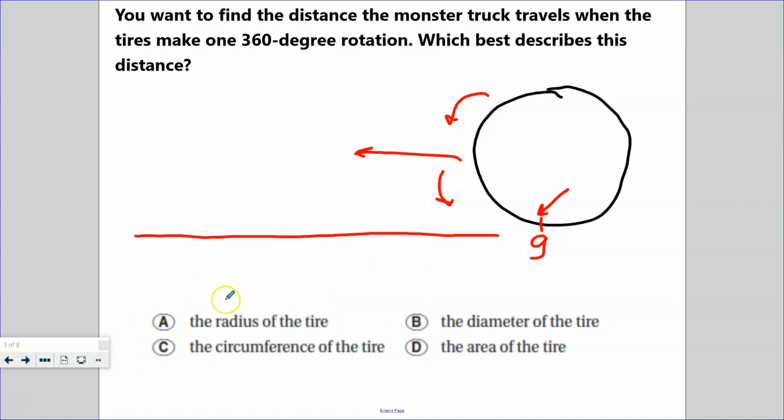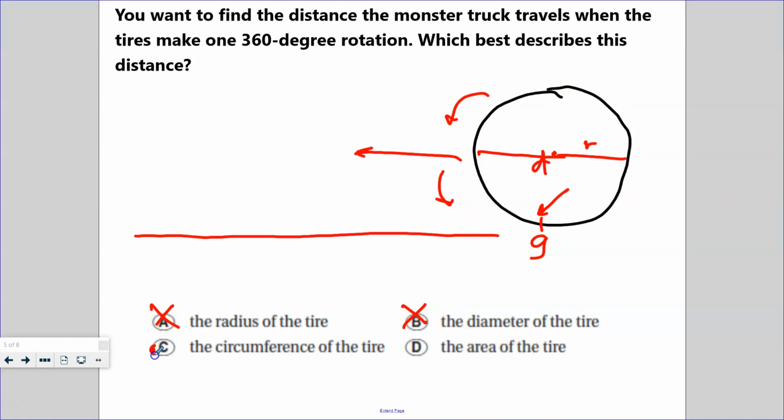All right, and so the radius of the tire, so the radius is this. Is that going to help describe the distance? No. The diameter of the tire, is that going to describe the distance? No. The circumference of the tire, so from here all the way back around, or the area of the tire?